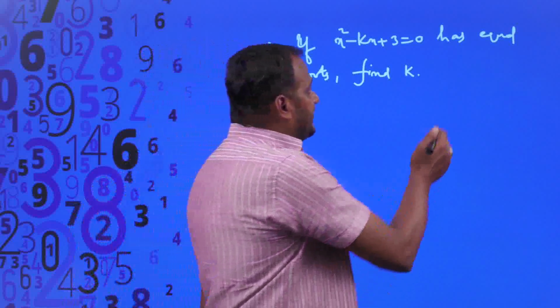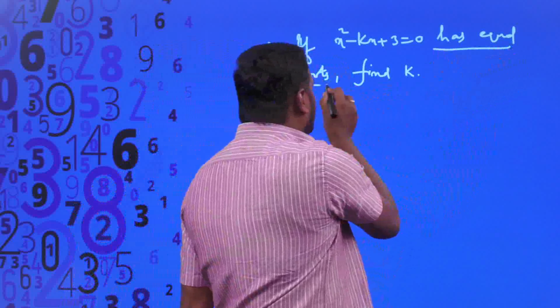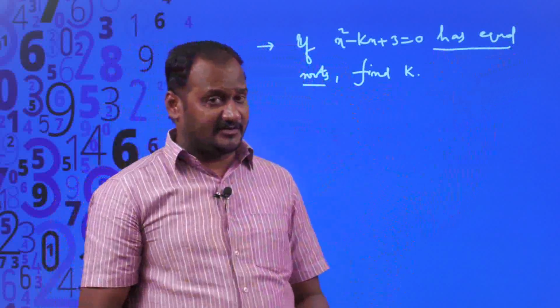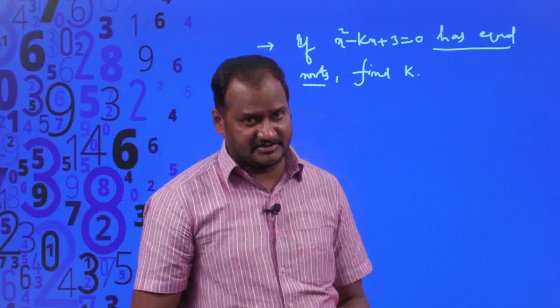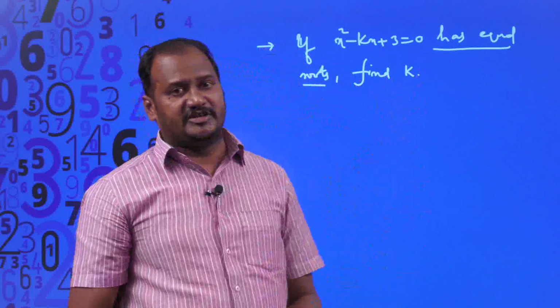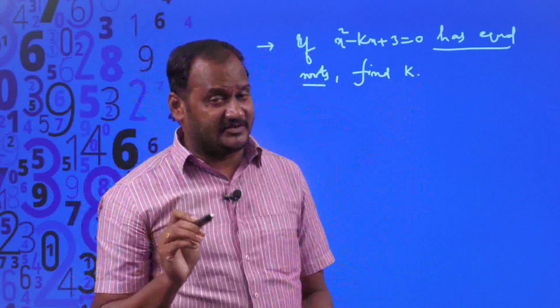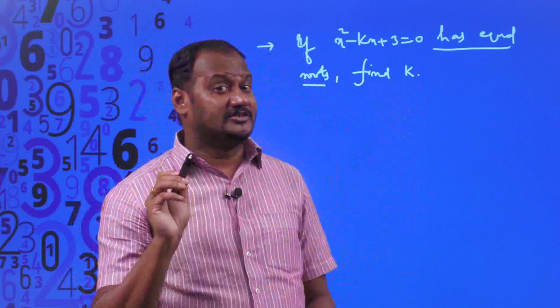See here, the key point is has equal roots. When the roots are said to be equal, then definitely you will have to think about the nature of the roots of a quadratic equation. So roots are said to be equal only when the value of the discriminant b square minus 4ac is equal to 0.